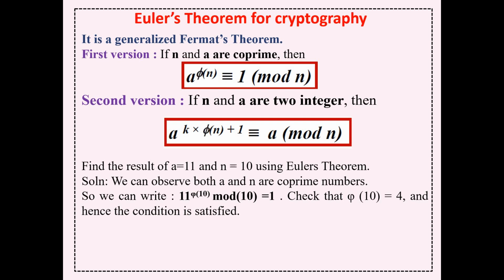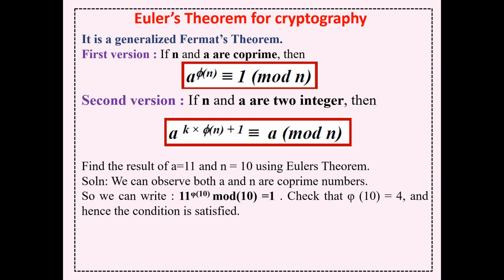Please make a note of these two equations, because these two rules are absolutely the same as that of Fermat's Little Theorem, except that in Fermat's theorem, it was only that a to the power p minus 1 was congruent to 1 mod p. That was there in the first rule. If you go back to previous day's class, we had that.